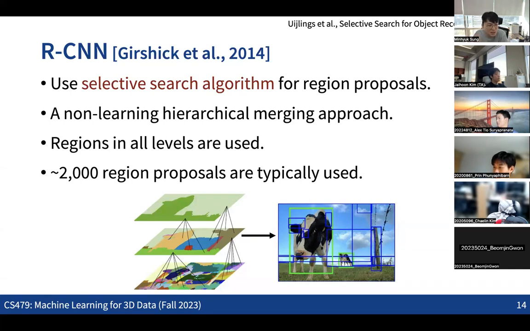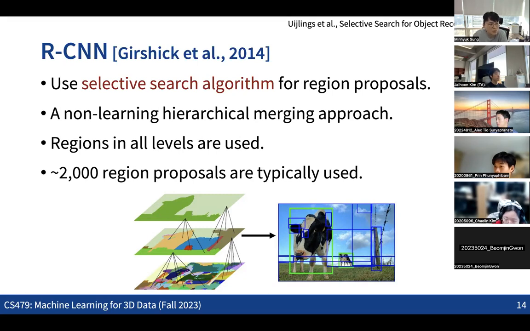If we take the bounding boxes for each region all the way up to the biggest clusters, for each of them we get a bounding box, and those bounding boxes become our region proposals, which we check to see whether each region really represents an object or not.